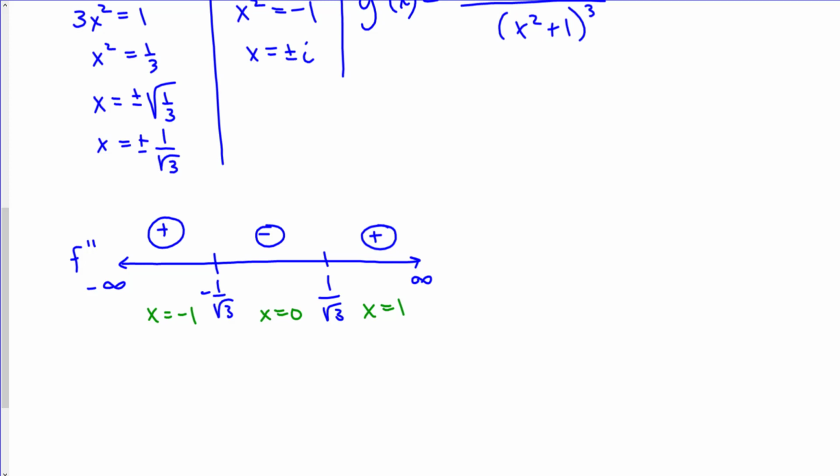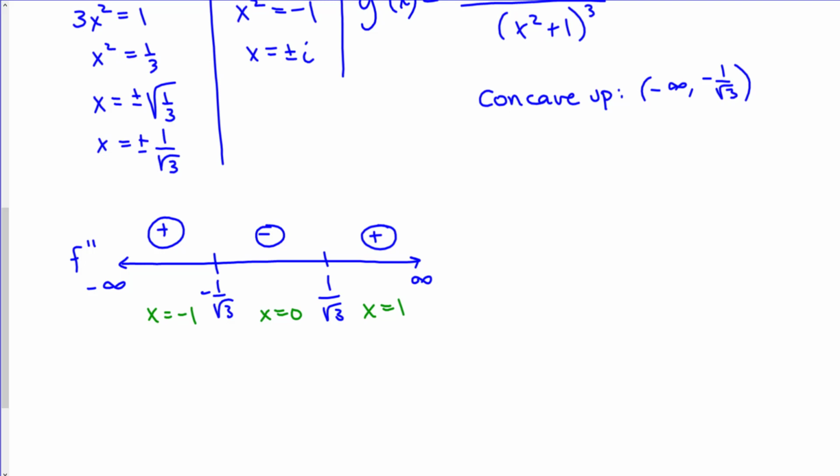Now I can say that my function is concave up on the interval from -infinity to -1 over the square root of 3. If you rationalize that denominator, that's perfectly fine. You end up with negative square root of 3 divided by 3. Or if you leave it as is, that's fine as well.